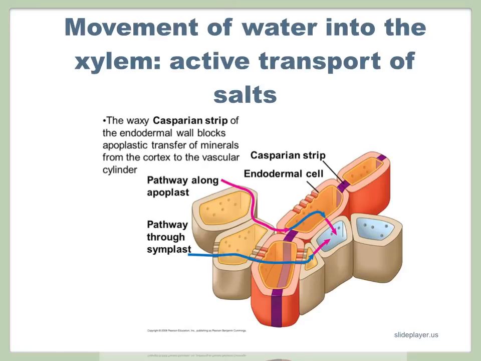As this active process requires energy, it can only occur within living tissue, so it takes place along carrier proteins in the cell membrane. So this explains why the water from the apoplast pathway is forced into the living protoplast of the cell by the suberin band of the endodermal cells.